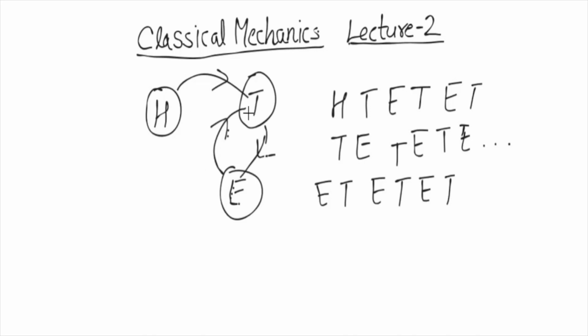If you are at tails, maybe you came from edges, and maybe you could have also come from heads. So while you can predict the future in this case, you can't tell about the past from this law of motion, or you can say from this law of physics.